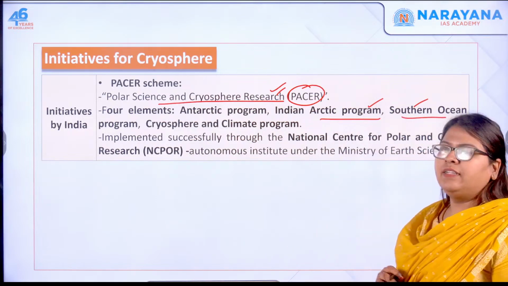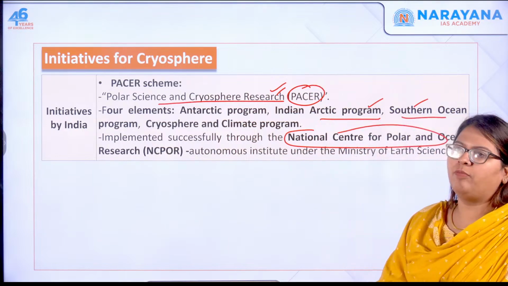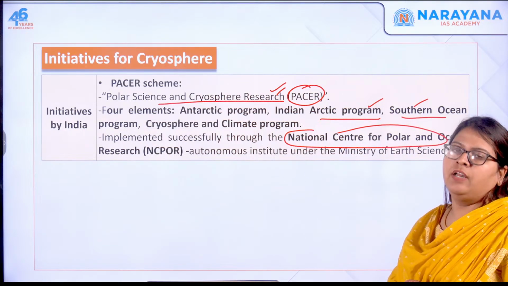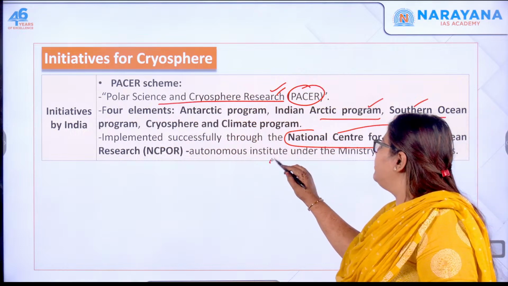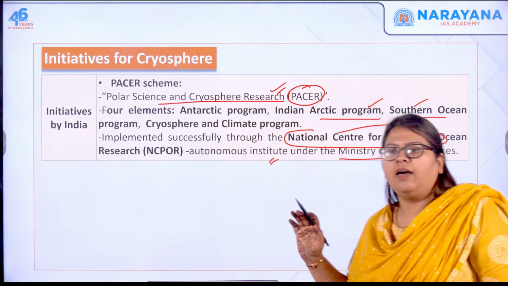PACER stands for polar science and cryosphere research, dealing with scientific discoveries in the polar region. It is implemented through the National Center for Polar and Ocean Research, an autonomous institute under the Ministry of Earth Sciences. So these are the initiatives.